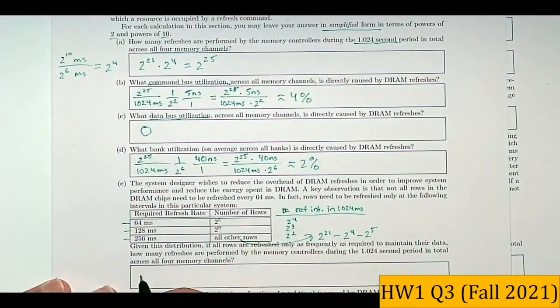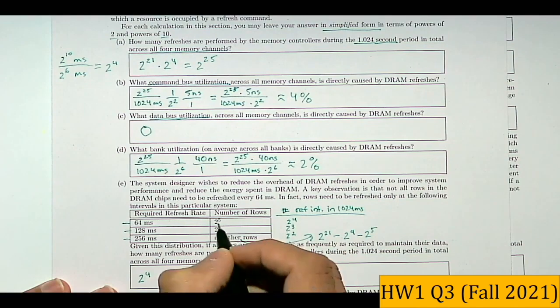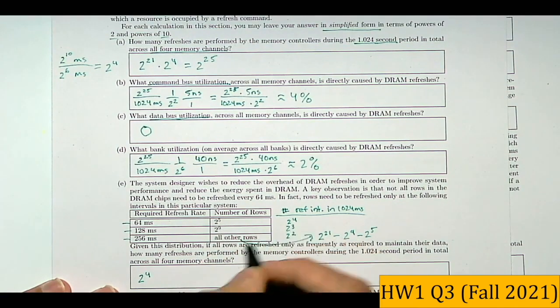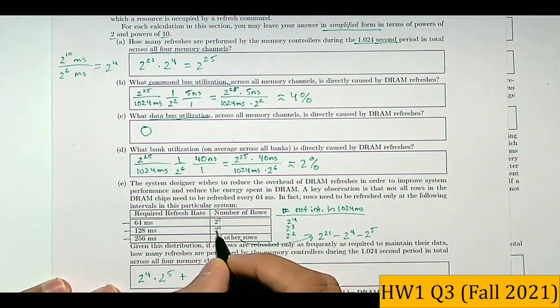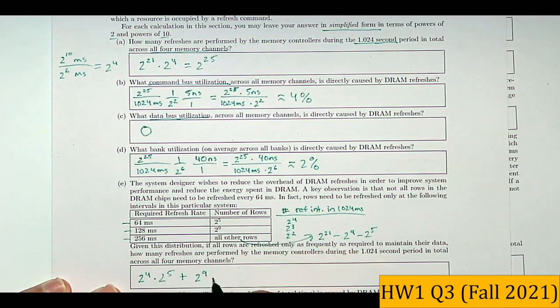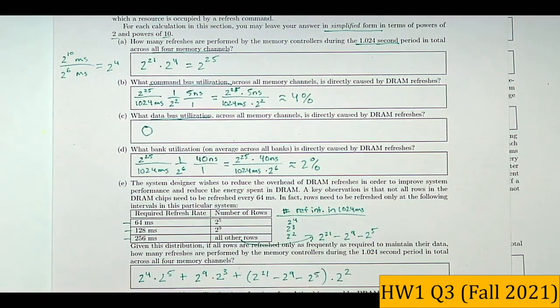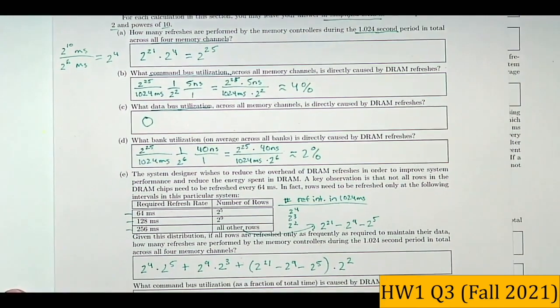We have 2 to the 5 rows that need to be refreshed 2 to the 4 times. Then we have 2 to the 9 rows that need to be refreshed 2 to the 3 times. And then we have this quantity of rows, 2 to the 21 minus 2 to the 9 minus 2 to the 5, that needs to be refreshed 2 to the 2 times. And so that's the answer. Again, we can leave it like this or simplify if we want to.